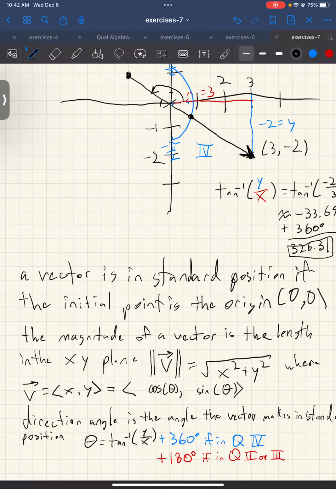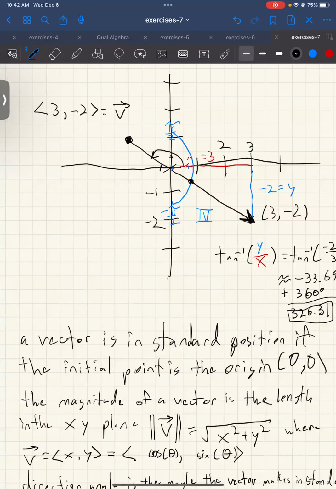Then we have to know how long our line is. And once we do that, if I have a point here and I want some point that is twice as far out, how do I find that point? So let's say that this black dot was negative 1, comma 1.